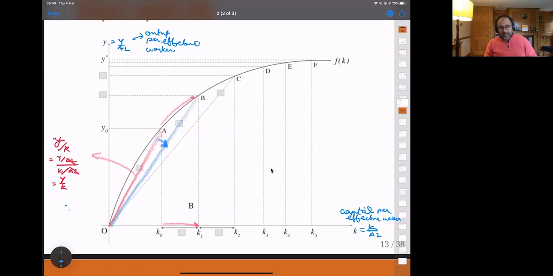Now, where does the diminishing marginal product of capital come from? Why is capital becoming less productive? Because if you add a unit of capital stock, this distance here is how productive it has been at the margin. Now compare that to this distance here, and then to this distance here.